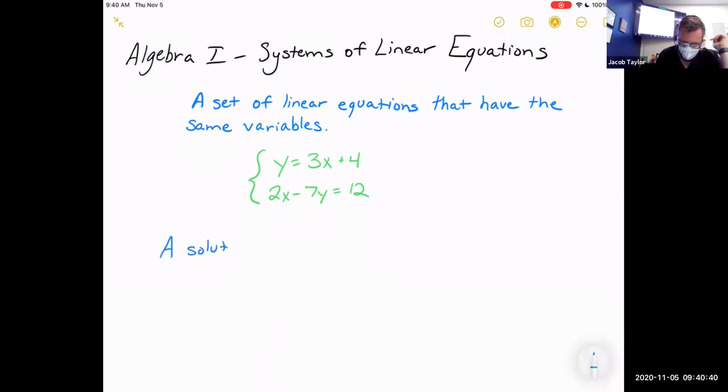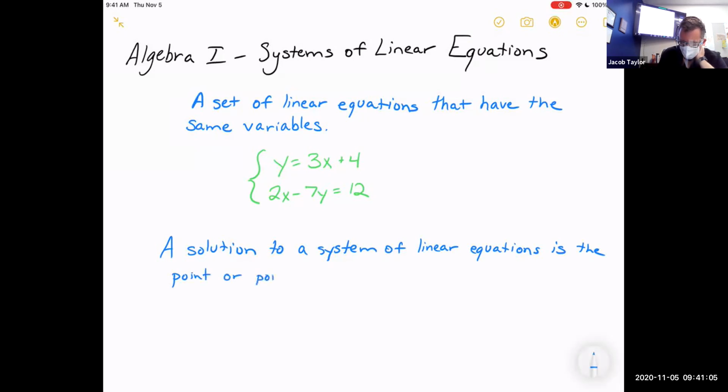Well, a solution to a system of linear equations is the point or points that make all equations in a system true.